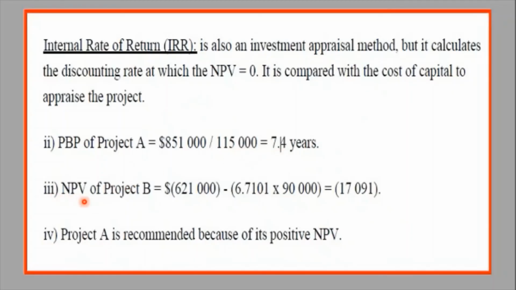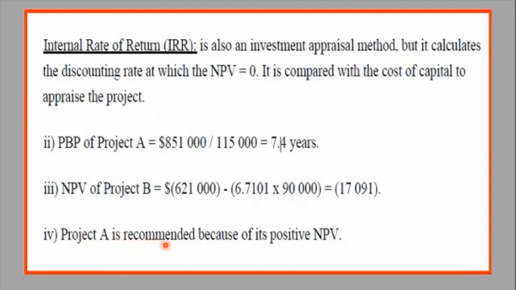3. NPV of project B: that will be the initial cost, 621,000, minus the total of all the present values multiplied by the annual returns, and you will get a negative figure when you subtract this from that, 17,091. 4.